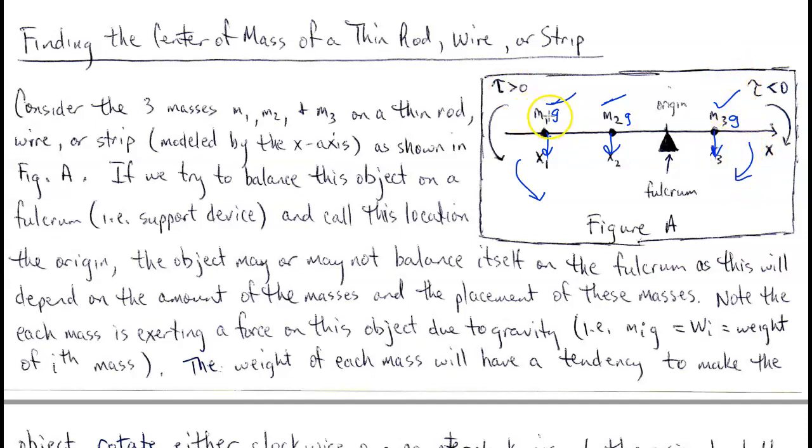Notice that both of these masses, M1 and M2, have their corresponding weights, and because of that, it's making the rod try to rotate one way. Mass 3 has its corresponding weight, and it's trying to make the rod rotate in the other direction. What we want to do is balance out the tendency for this rod to rotate in either direction to where it doesn't rotate at all.